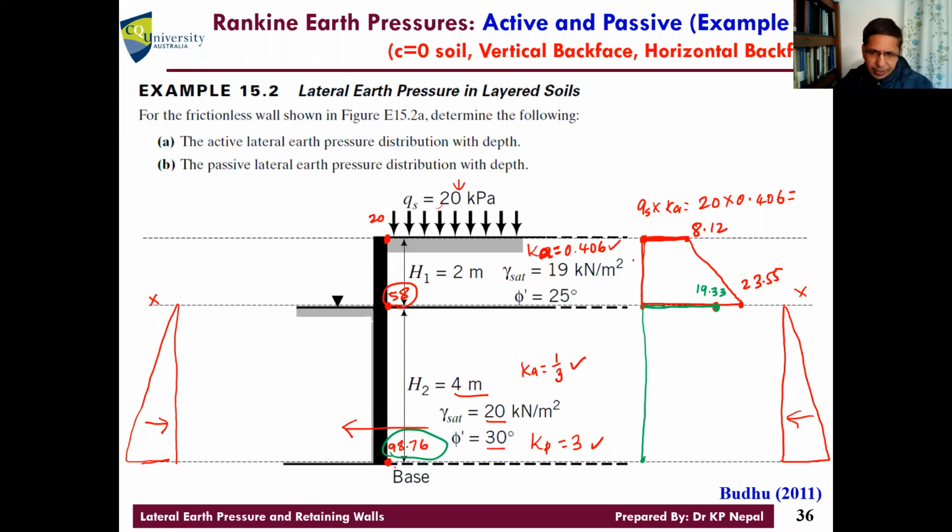Right? And then times Ka is 1/3. So the pressure is 32.92.